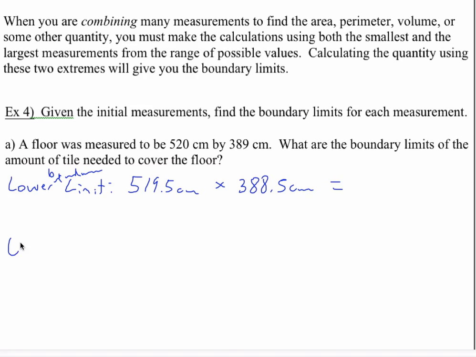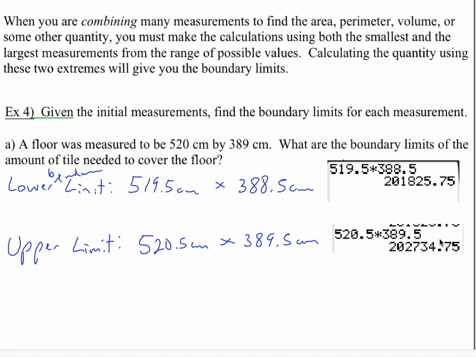Okay, and the upper limit is going to be 520.5 centimeters times 389.5 centimeters. Okay, so those are two possibilities. Alright, so you can get anywhere from 201,825.75 square centimeters to 202,734.75 square centimeters.